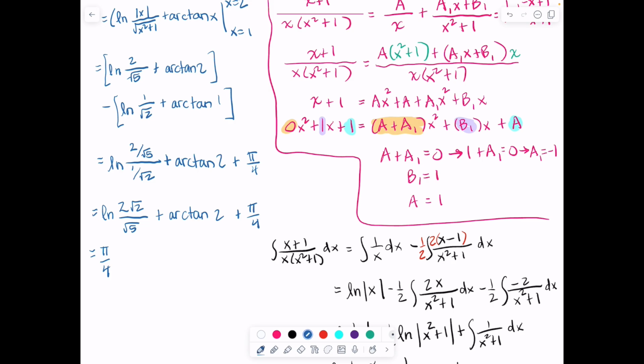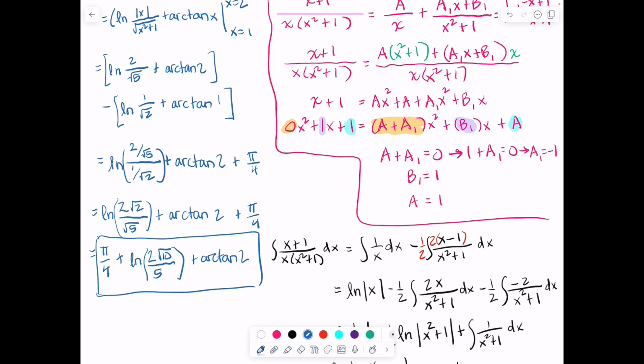I'll do it just for the heck of it. I would have taken this last answer: pi over 4 plus the natural log of 2 root 10 over 5, and then plus arctangent of 2. And that's our result. Cool?